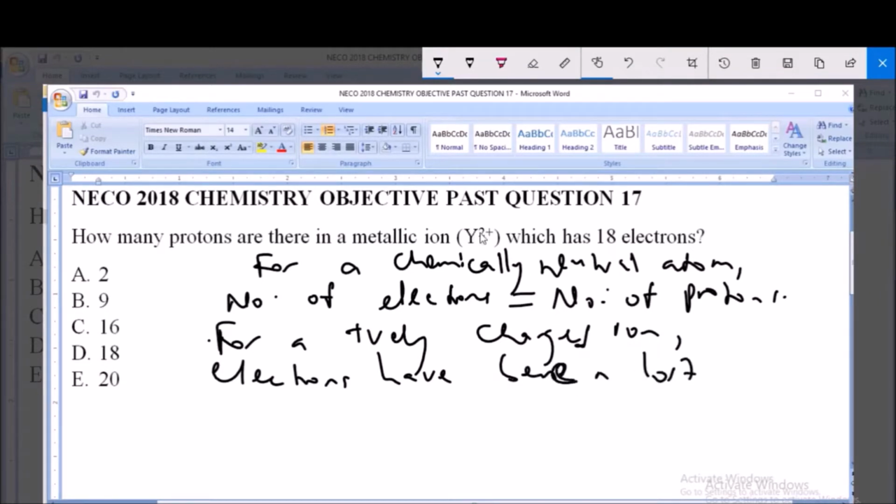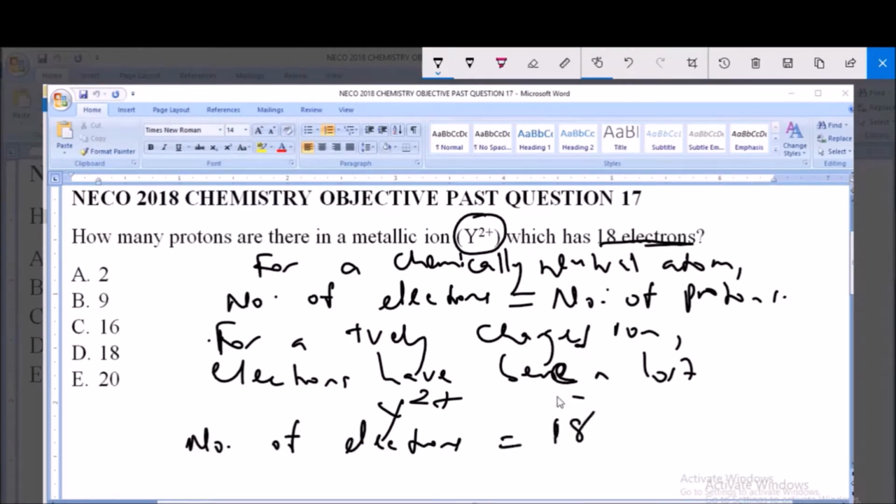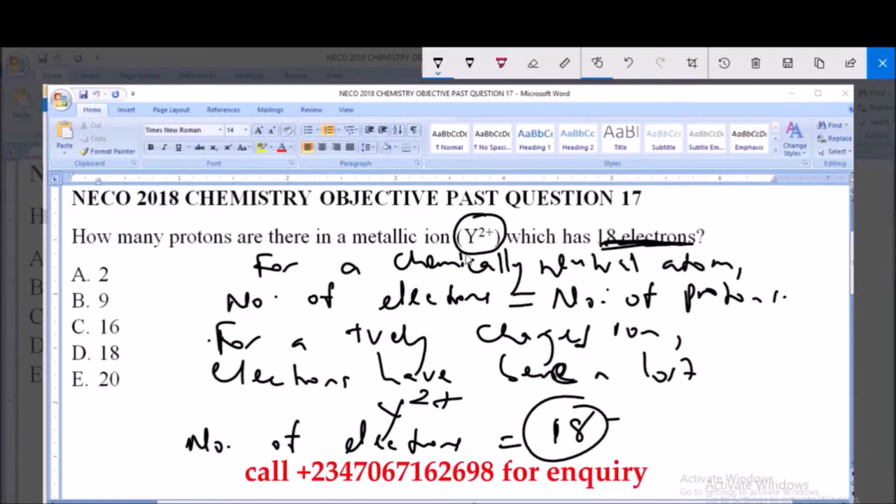So for a positively charged metallic ion like this one, Y2+, some electrons have actually been lost. Now, the question says there are 18 electrons in this particular metallic ion. So the number of electrons is equal to 18. And we've established the fact that if the ion has 18 electrons, that means it has lost 2 electrons.